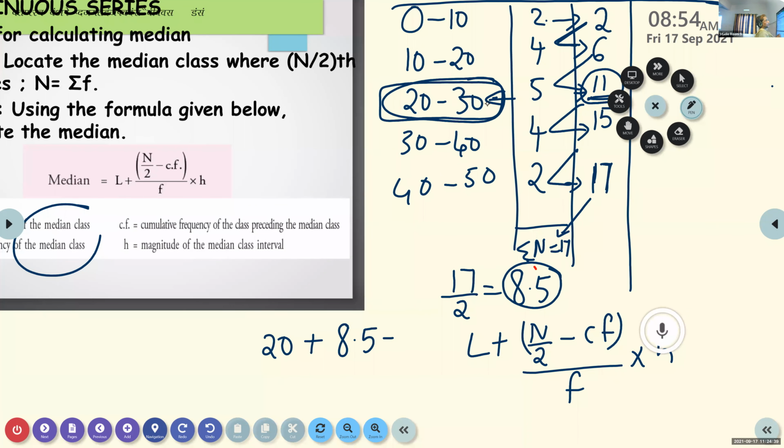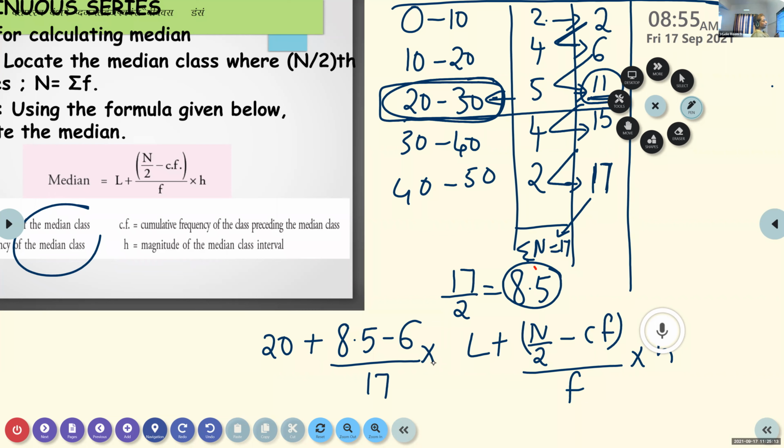It is 6. I told you we have to take the number preceding the model class. Okay, so this is the model class. So its cumulative frequency, we cannot take that number. We should take the preceding number. So the preceding number is 6, divided by F. What is F here? 17, into H. What is H?